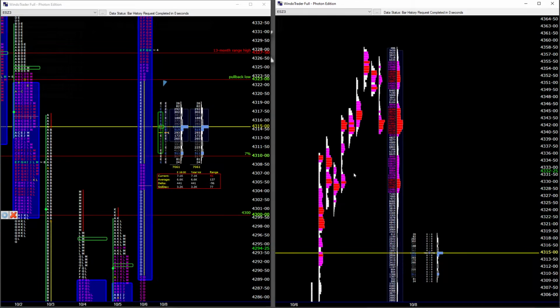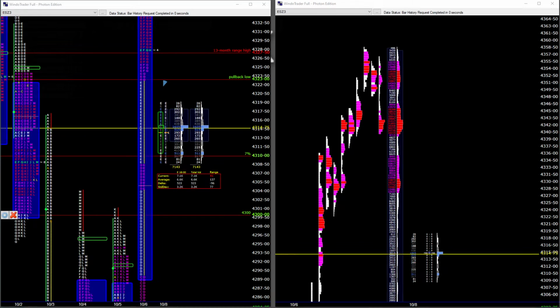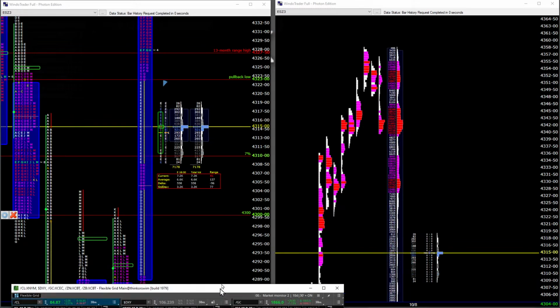Oh, what happened with the bond market? Let me check how the bond market is over there. Ooh, nice spike to the upside in the bond market. There's a divergence here. Look at this, I'm going to show it to you.